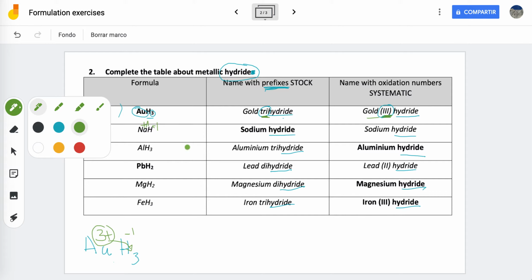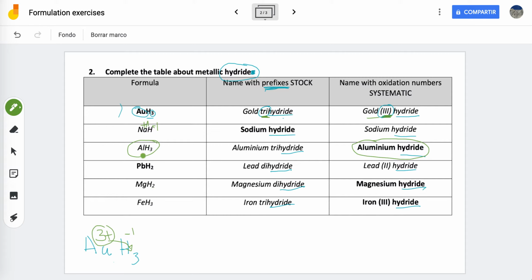Okay, good. We have aluminium hydride, and it is the only aluminium hydride possible. There is no other possibility. So aluminium is only going to be combined with hydrogen in this form.